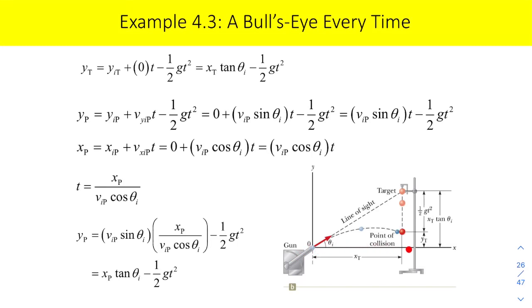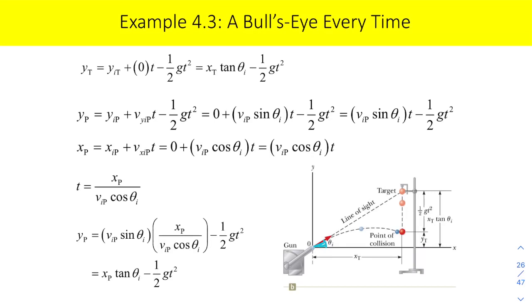Here is the diagram. If you see here, the line of sight, you have the angle theta covered within. You have xt, x target, and then you have the height here, h. So h is xt tangent theta. What does that mean?